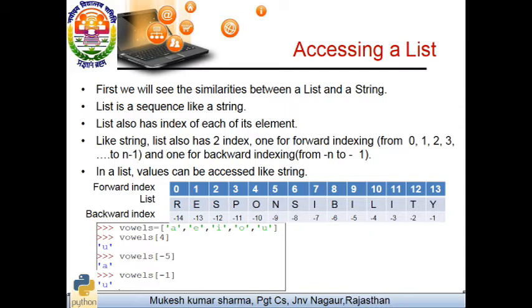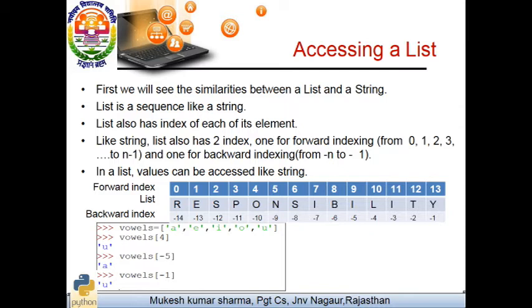Forward indexing starts from 0 to n-1 and backward indexing starts from -n to -1. In a list, we can access values like a string.